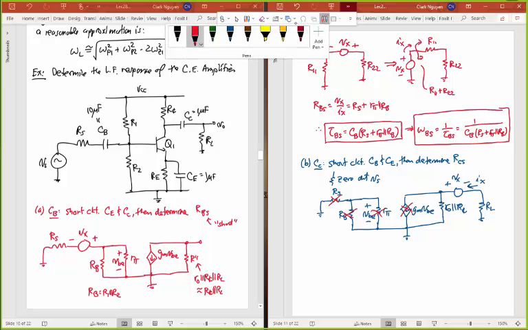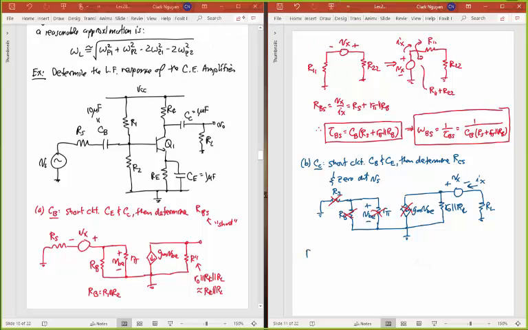And so I can just write the driving point resistance, RCS, as equal to my Vx over Ix. But that just is going to be equal to the series combination of RL, sorry, not RS, but RL, plus my R0 in parallel with RC.